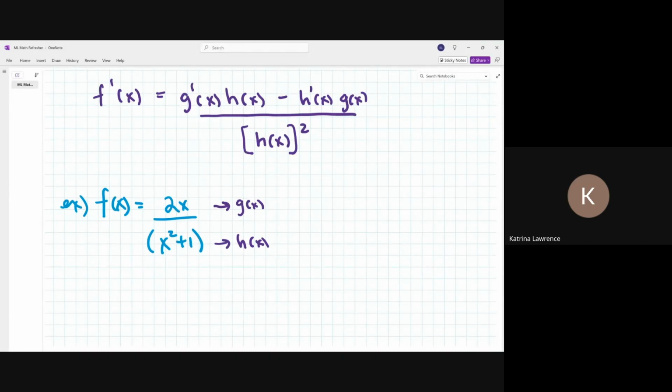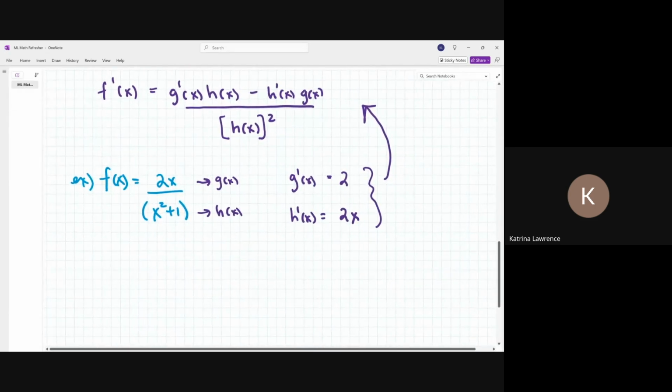Let's find the derivative of g of x. Using power rule again, we get that it equals 2. And then finding the derivative of h of x, we're going to use power rule once more, and we get that it is 2x. Now we're going to put this into our formula up here so we can find the full derivative.